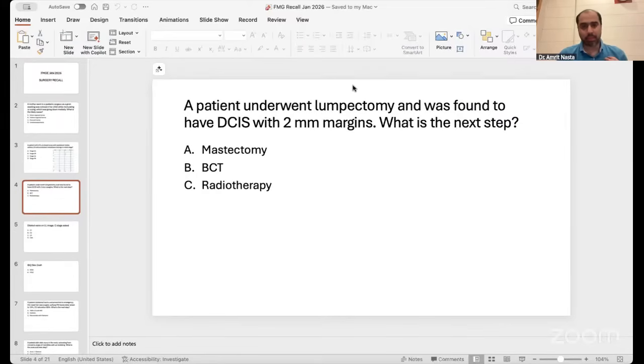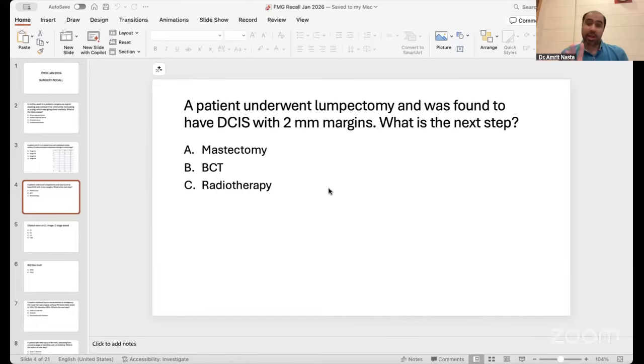Patient had a breast lump. It was removed. A lot of DCIS findings were given. And there was this word, 2 millimeter margin. This was one of the important points. Margin is 2 millimeters. What is the next step? Now, there is a way to calculate what you have to do next. But 2 millimeter means it is close margin, means some cancer cells may be left behind.